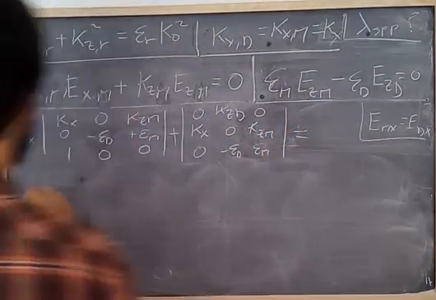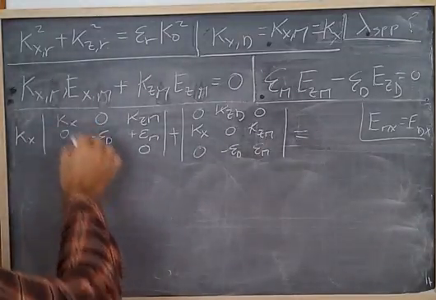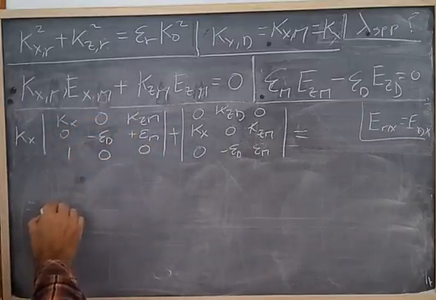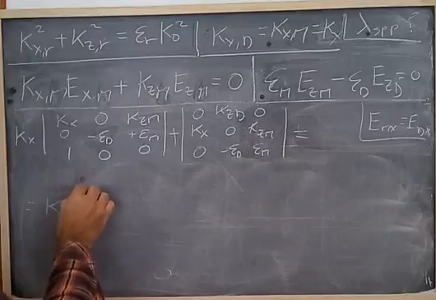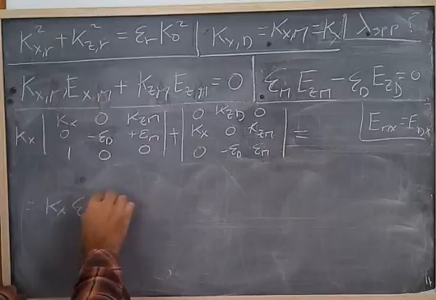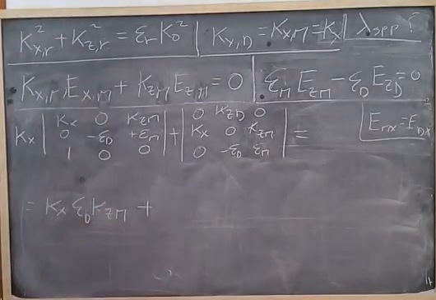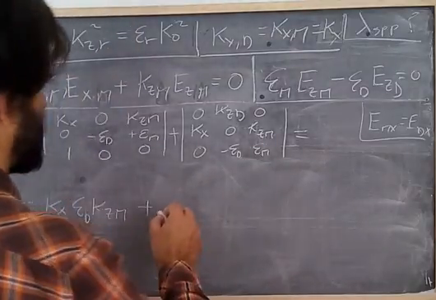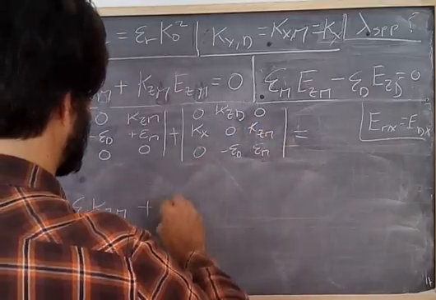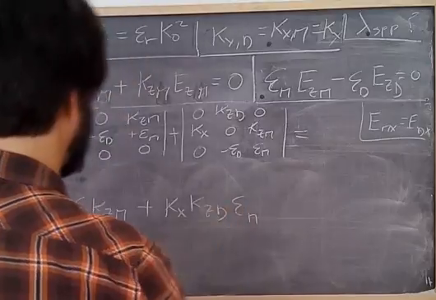Now I can do this calculation. This is 0 0 0 0, Kx epsilon d Kz m, plus 0 0 0 0 0, Kx Kz d epsilon m.